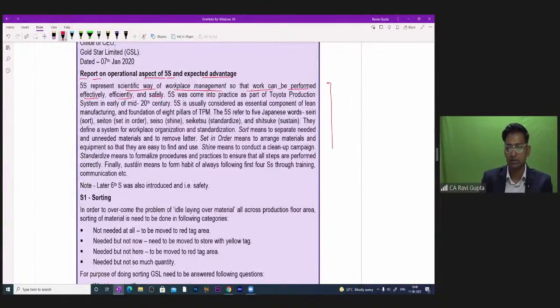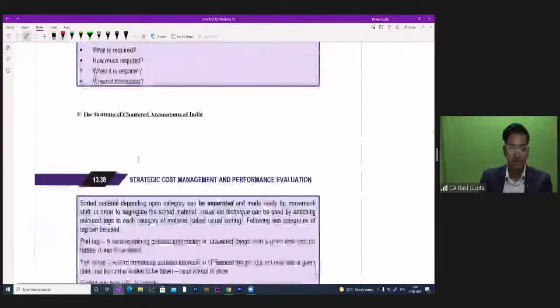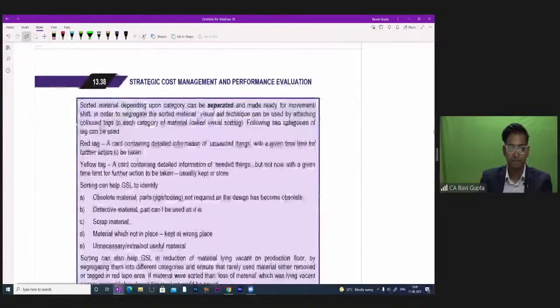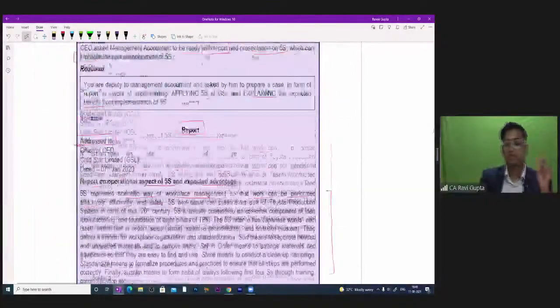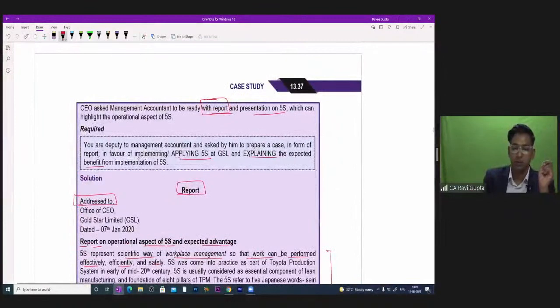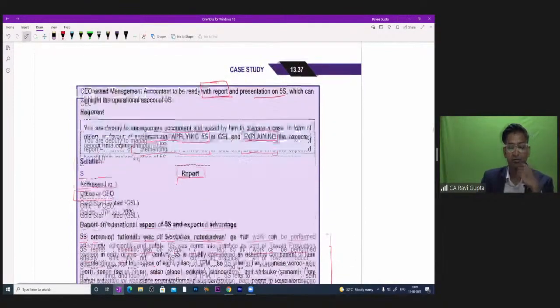What is this? What importance does it have, right? Okay. So please remember that we have two parts. One part is implementing and applying 5S. Another part is explaining the benefit of the 5S.